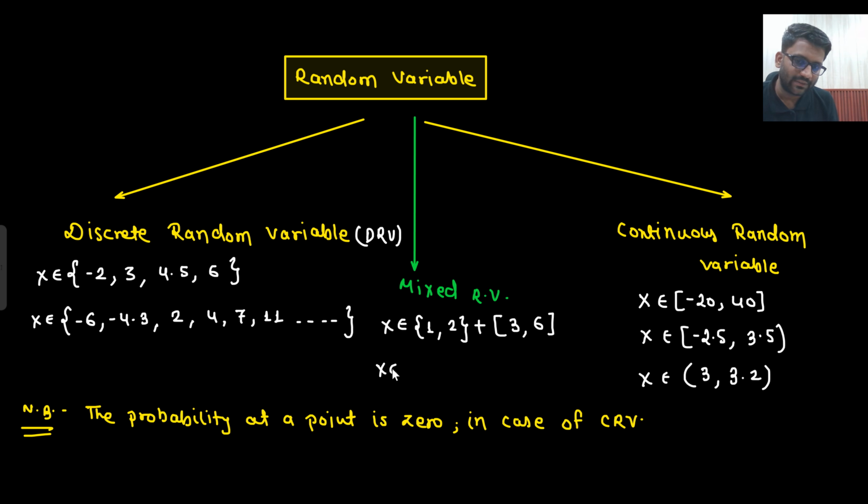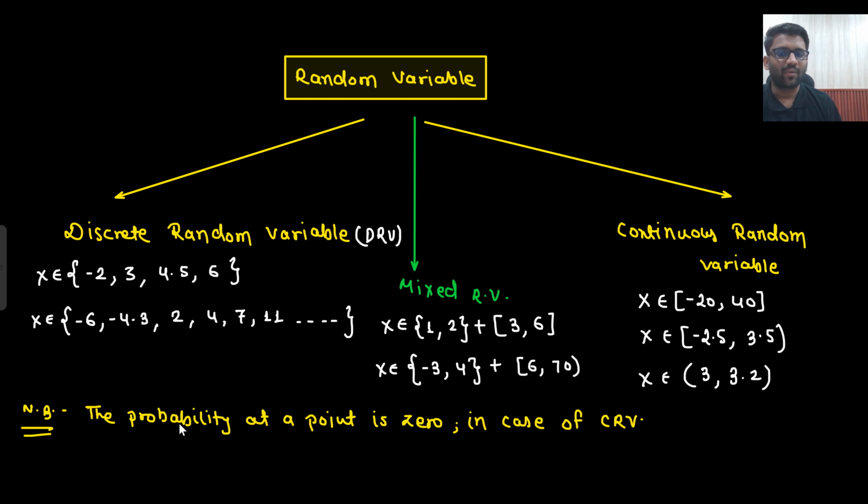It could be somewhat like this as well, that it is taking two discrete values like -3 and 4, and it is taking all the values from 6 to 70, including 6, excluding 70. Is that clear to you? Okay, so this is known as mixed random variable.